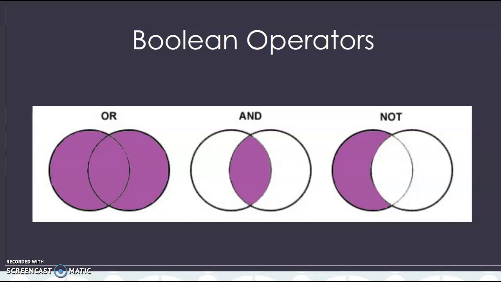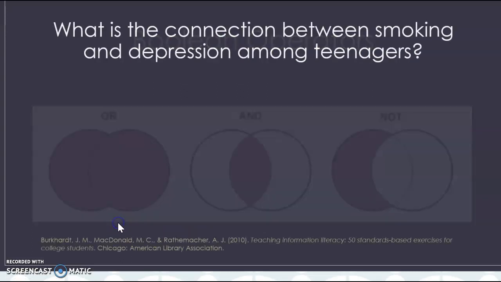AND is going to bring those different topic areas together and narrow your search. So in this instance, I would only have articles that have both smoking and teenagers, okay? Just that middle portion. NOT is going to exclude the category and use that sparingly and purposefully.